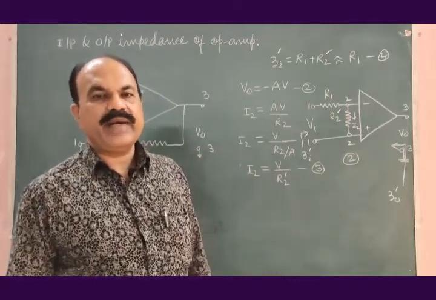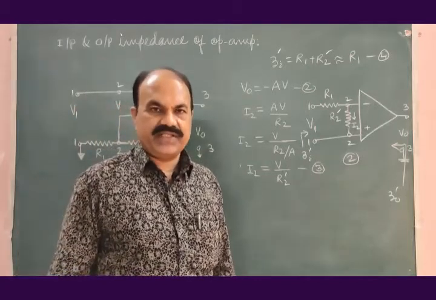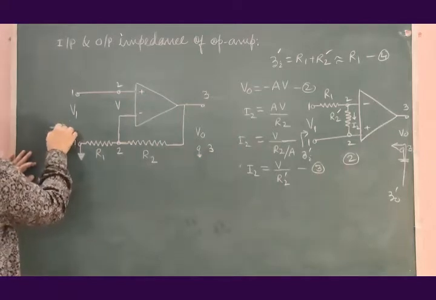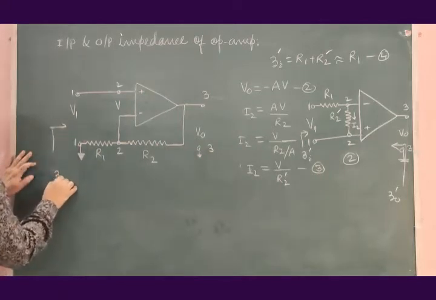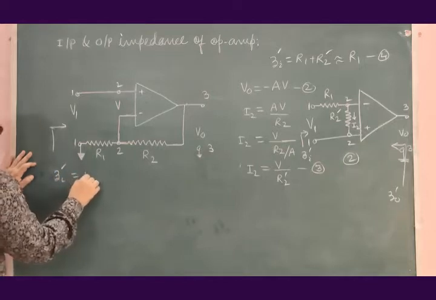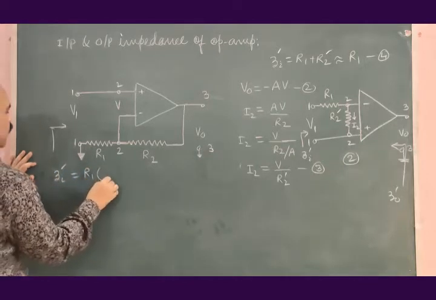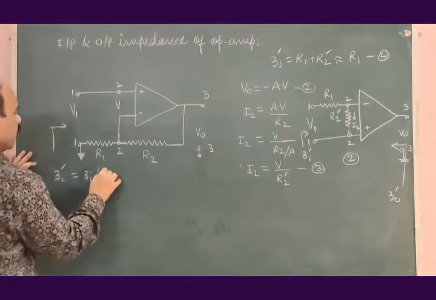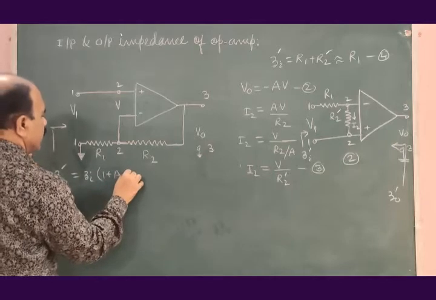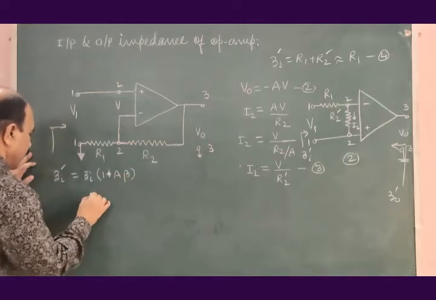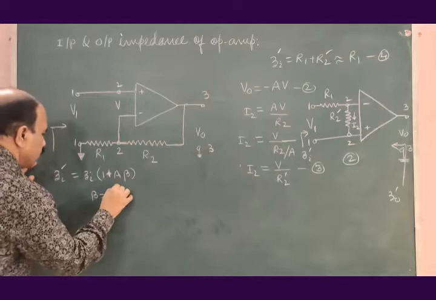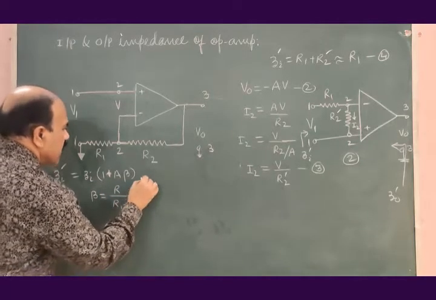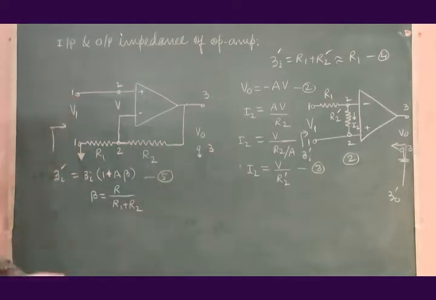Series voltage feedback always increases the input impedance. In this case, the input impedance Zi dash will be equal to Zi times 1 plus A beta, where beta is equal to R1 divided by R1 plus R2, equation number 5.